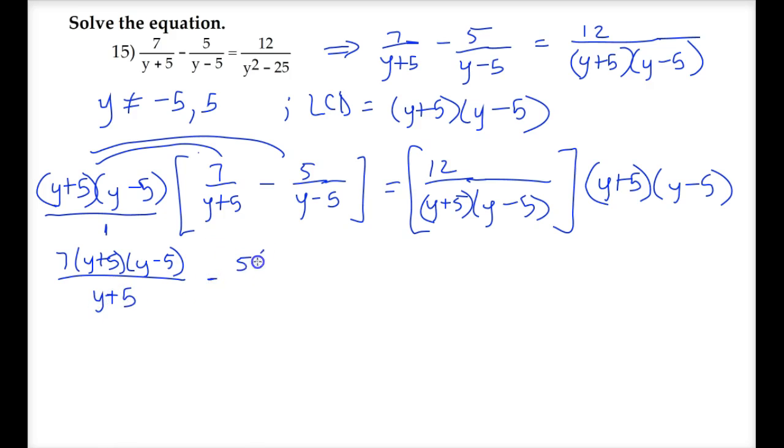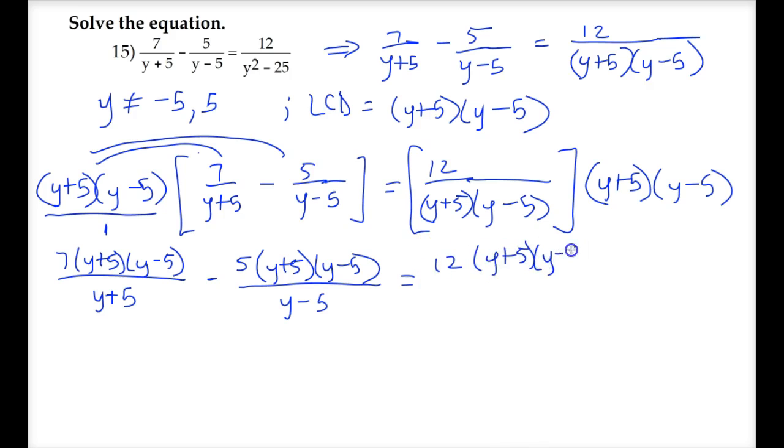Minus 5 times y plus 5 times y minus 5 all over y minus 5. And of course, on the right side, we just have 12 times y plus 5 times y minus 5 all over y plus 5 times y minus 5.